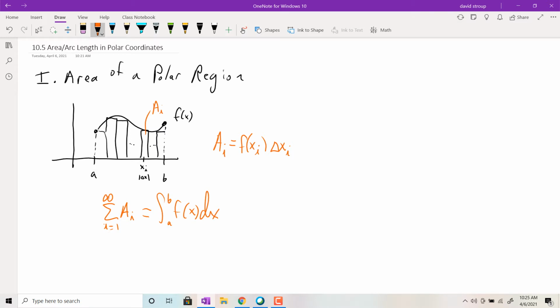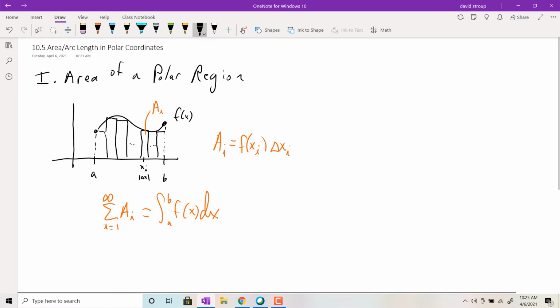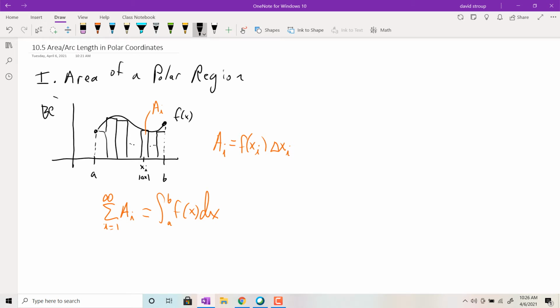Okay, great. We want to accomplish the same thing now, but instead of working in the rectangular coordinate system, with our Riemann man running in this direction, collecting his bag of areas, now the picture is going to be different, right?